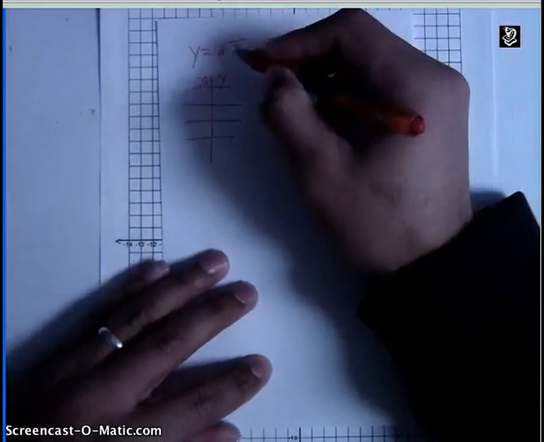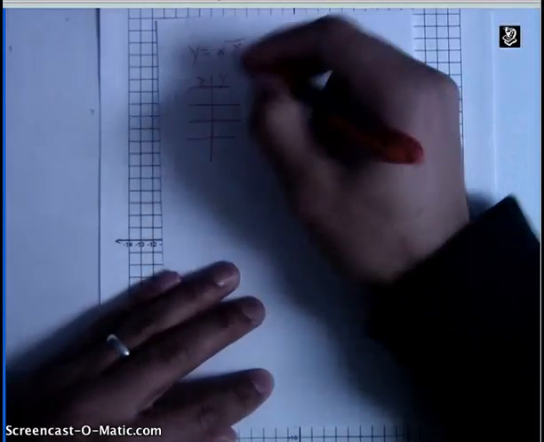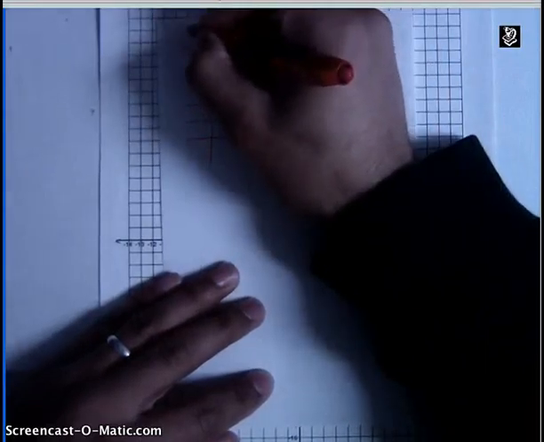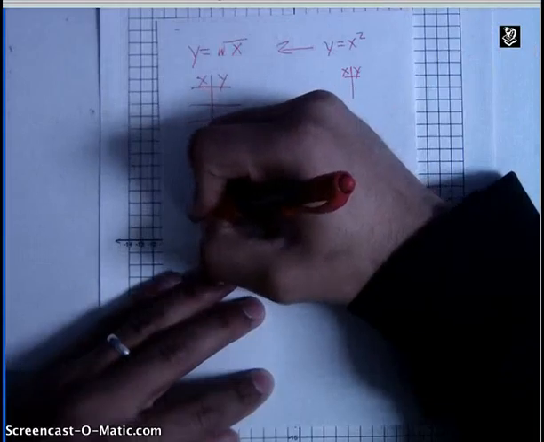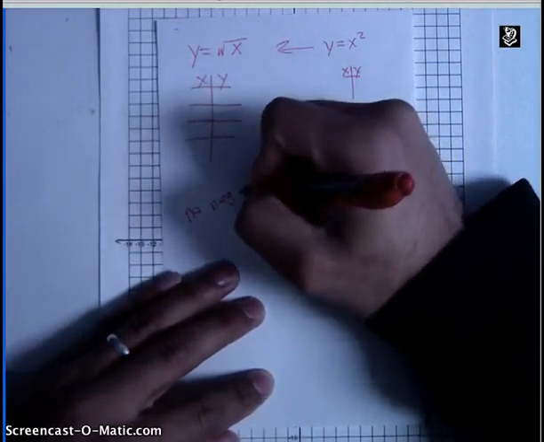What numbers can I not put in here is the key. Numbers that we can't put in here are negative. We can't put any negative x values.